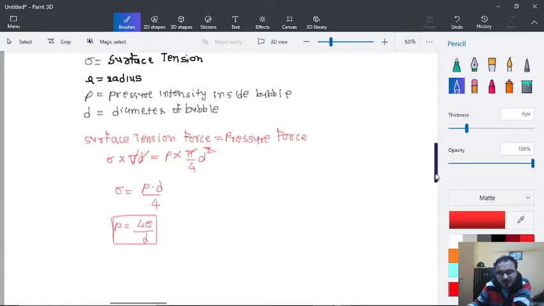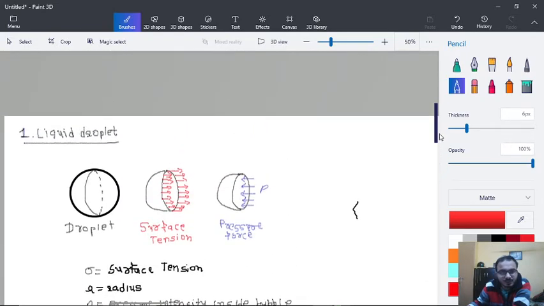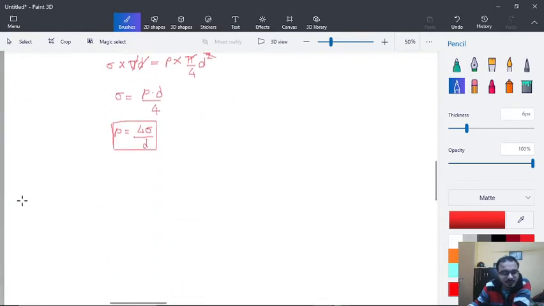Now we have derived this entire formula for liquid droplet. Now we will calculate the same thing, that will be a second case for hollow bubble.